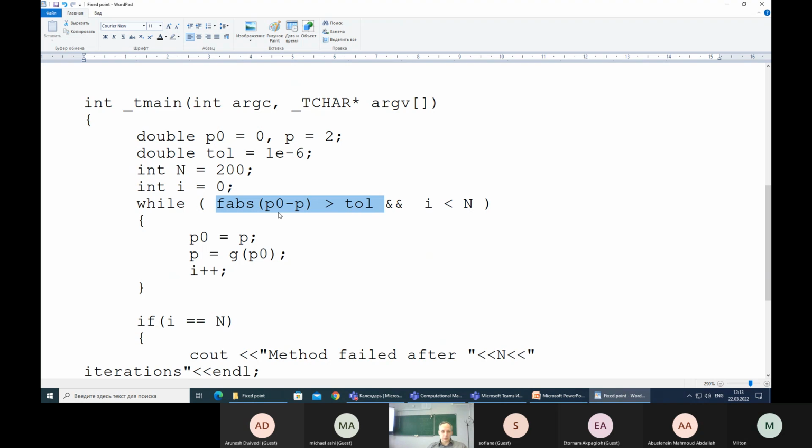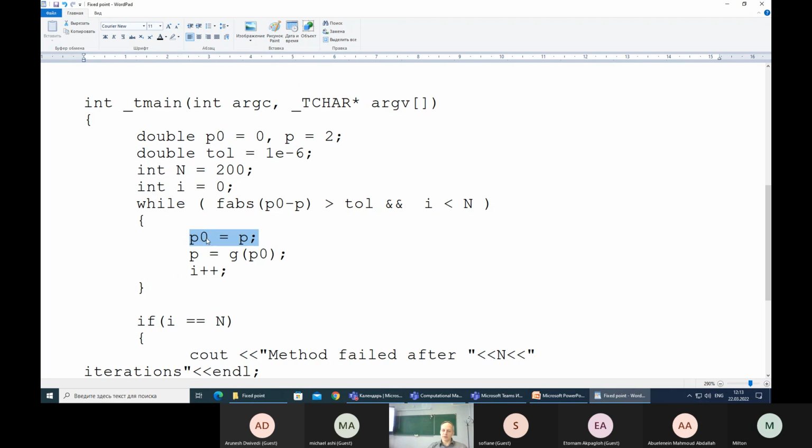While the absolute value of the difference P0 minus P is greater than tolerance, and the number of iterations is smaller than n, we repeat these two simple steps.